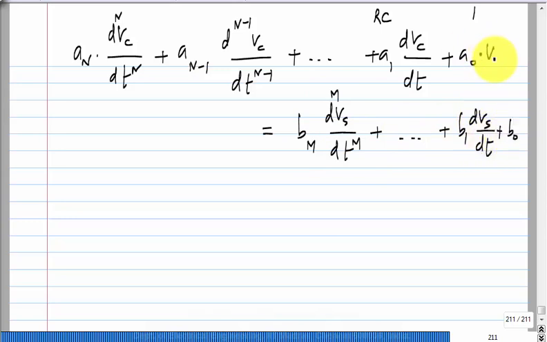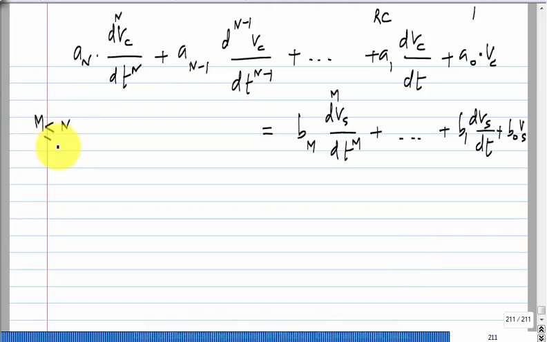Sorry, this is A0 Vc, and B0 Vs. This is a general linear differential equation of nth order. I will assume m is smaller than n, that turns out to be true in reality, m is less than or equal to n.